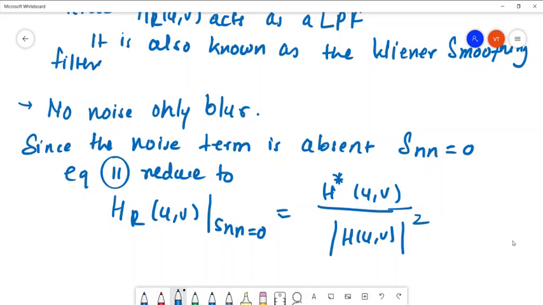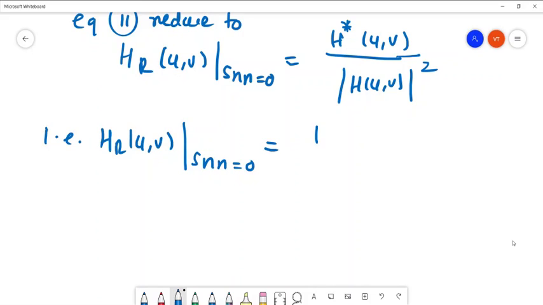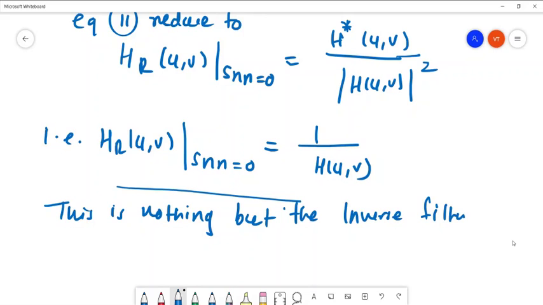That can be rewritten as Hr(u,v) with Snn equal to 0 being 1 upon H(u,v), right? This is nothing but the inverse filter which we have already seen.